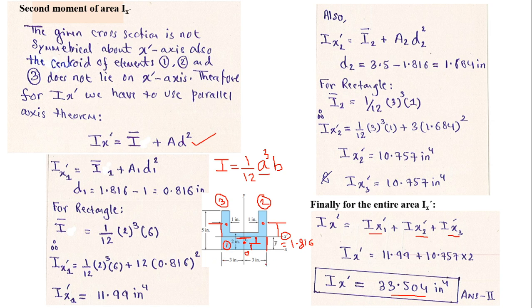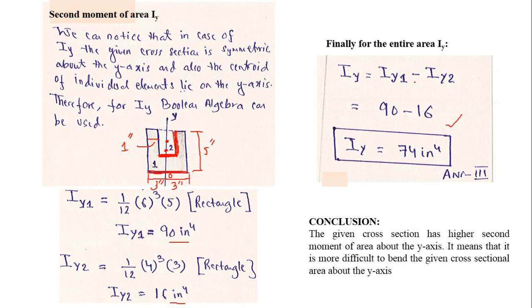But when we want to calculate Iy, we cannot use this numbering 1, 2, 3, so we change the numbering. This entire larger rectangle is our shape 1 now, and this rectangle, which does not exist, is our shape 2 now. So we have to subtract shape 2 from shape 1 in case of Iy, and we get Iy equal to 74 inch^4.